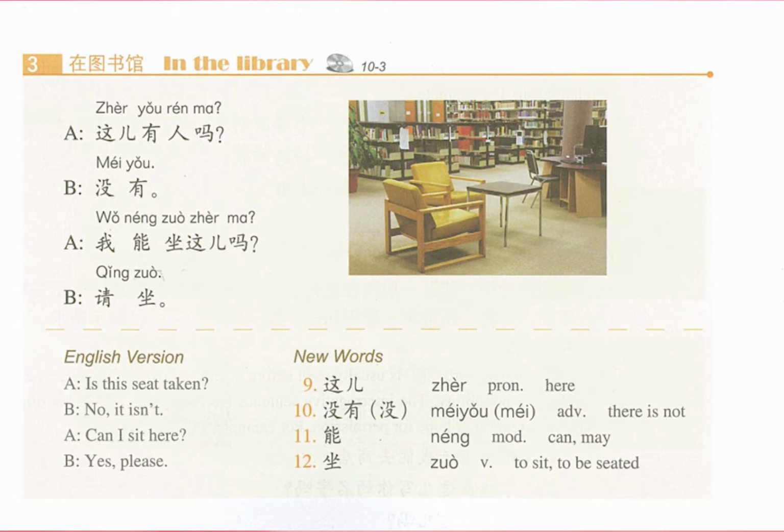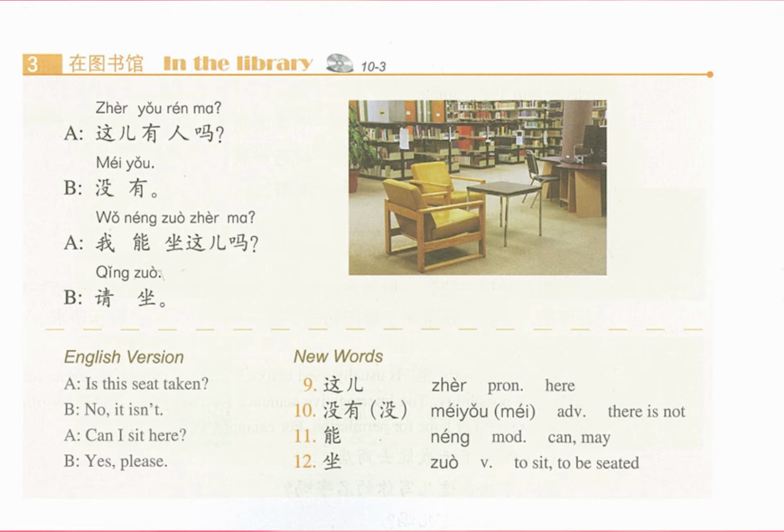Now let's study the new words. 生词 new words. Number 9. 这儿, and if you read it slowly, it's 这儿. If you read fast, it becomes 这儿. 10. 没有.